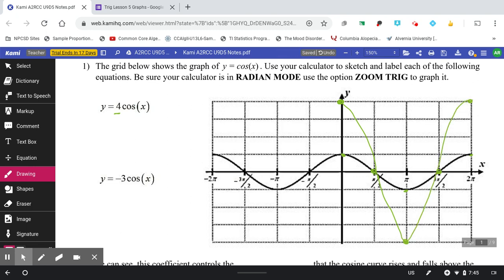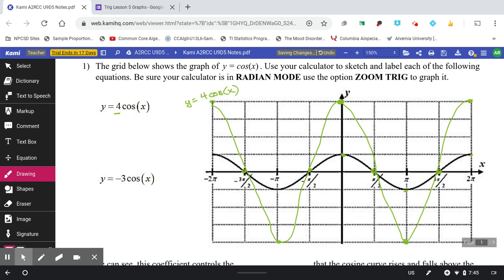And then it's the same thing on the other side. Okay, so this is y equals 4 cosine of x.